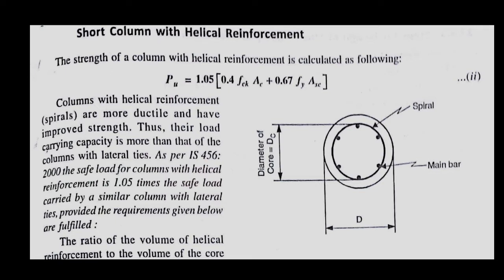The tie bars are spiral here. If you see the longitudinal section, you can see the tie bars are spiral. That's why this is called helical reinforcement. So this kind of arrangement is actually called helical reinforcement.